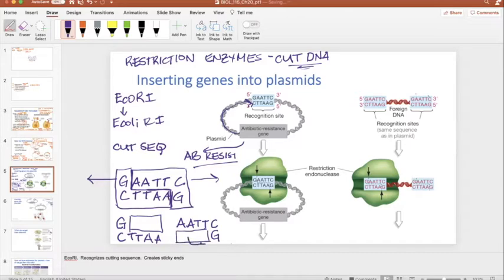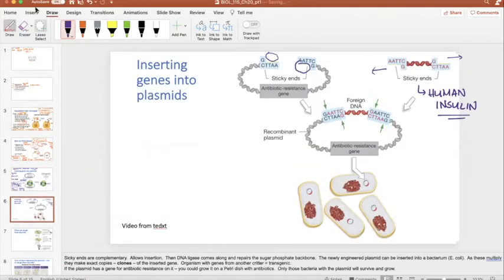That means that it is open for complementary base pairing. And we actually call these sticky ends. And that is, believe it or not, the formal name that we use in molecular biology to describe these open cut sites.